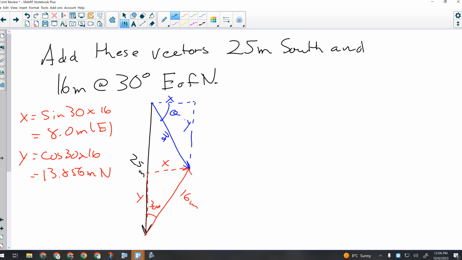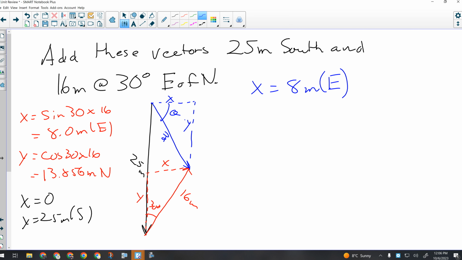Then from my black vector, x is 0 and y is 25 meters south. So then I just add my x's and y's together. Blue x is 8 meters east, because it's the only time we went east or west. Blue y is going to be 25 minus 13.856.